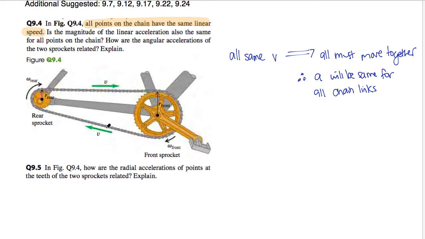Well, since everything around this has to be moving, that means that a tangential for each sprocket has to be the same. And again, the reason for that is because the linear acceleration has to be the same.